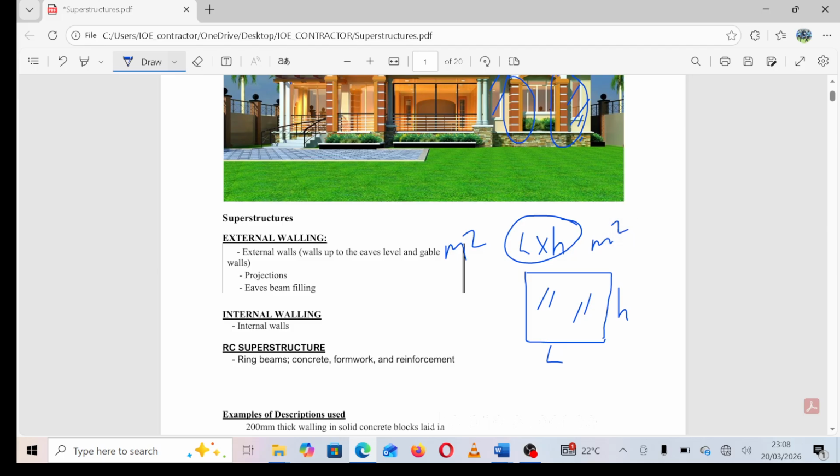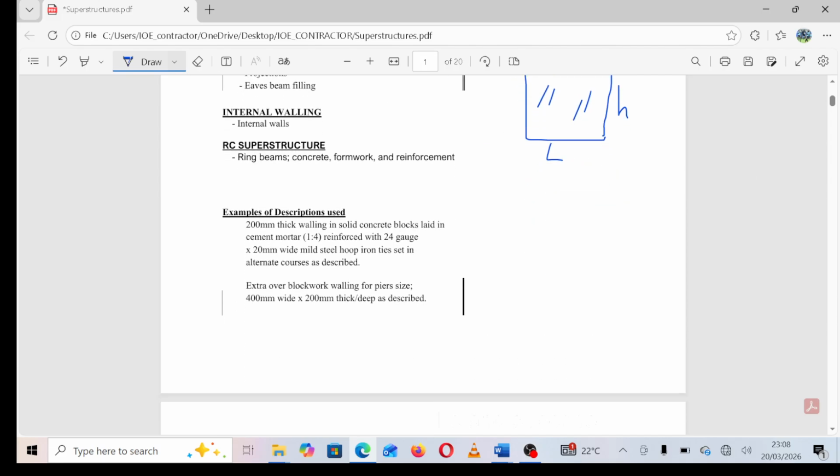Then the common descriptions, I try to come up with something here below, where we see, assuming the walls are 200 millimeter thick, walling in solid concrete blocks. Now here in our superstructure, our specifications are saying solid concrete blocks, but you can come across well-burned clay bricks, or you can come across hollow concrete blocks.